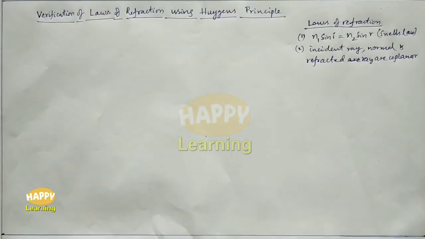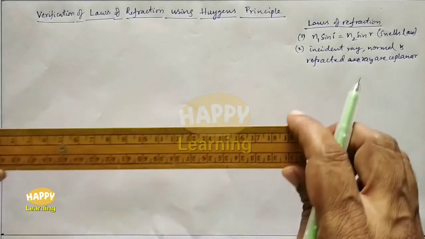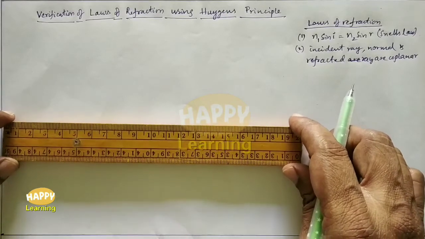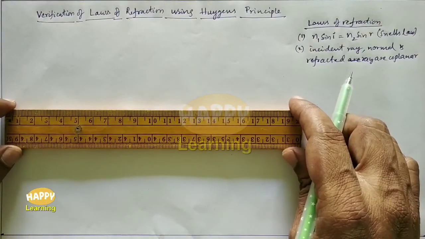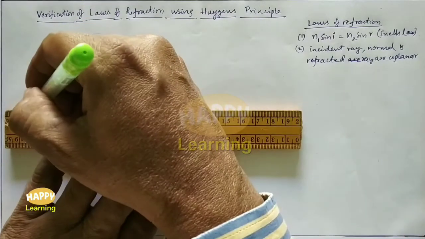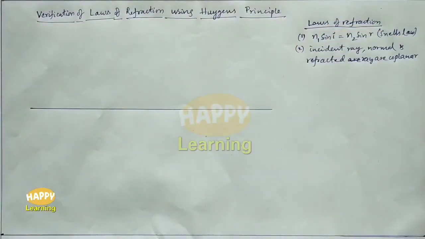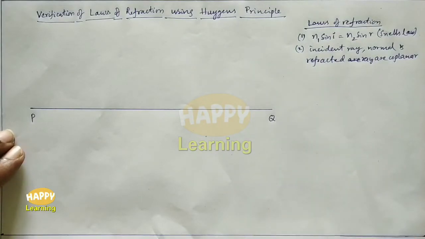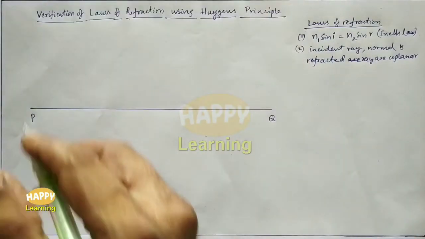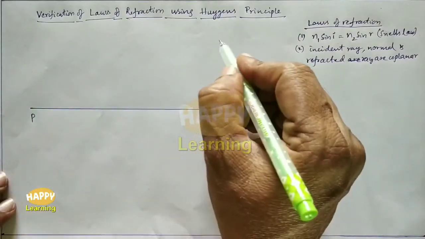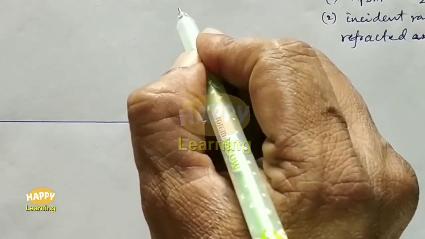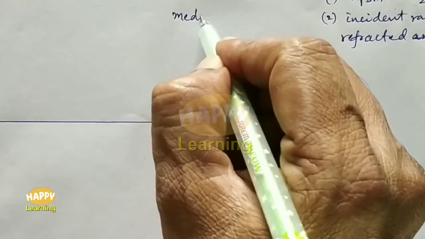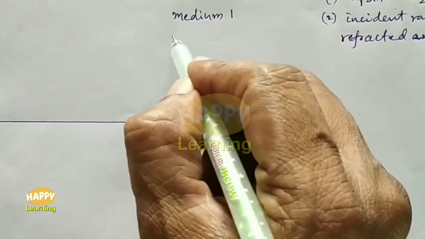So let us start with an interface. Here I will draw an interface. This is an interface PQ. Above PQ is medium 1.